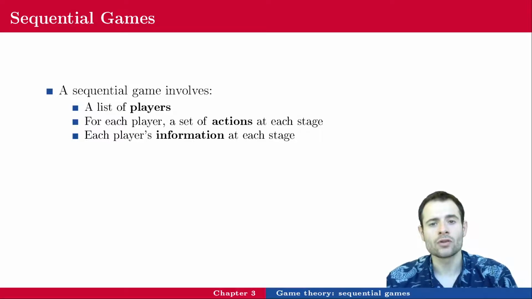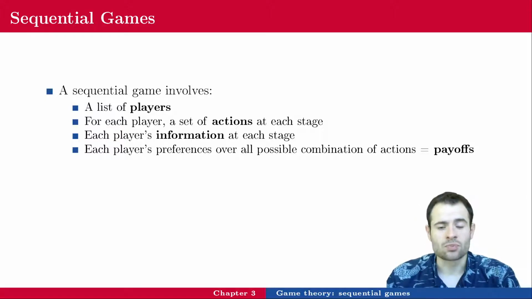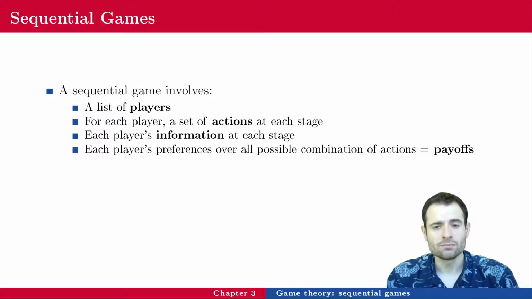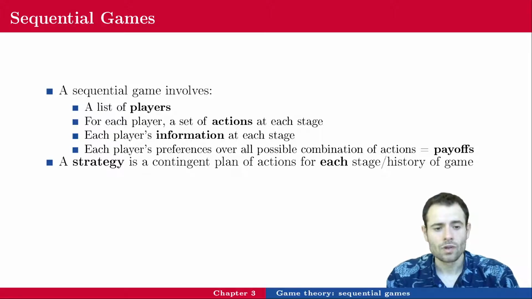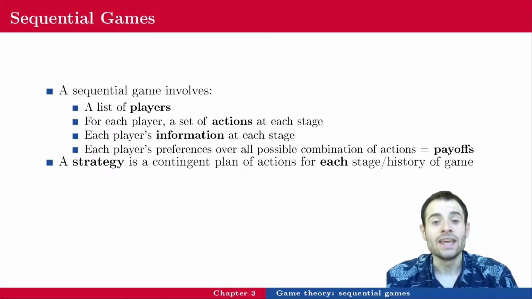So one way or another, we need to specify what players know when it is their turn to play. Of course, each player's preferences over all the possible combinations of actions. That will give you the payoffs. Now, we also need to be able to list strategies. A strategy, remember, is a contingent plan of actions for each stage or each history of the game.